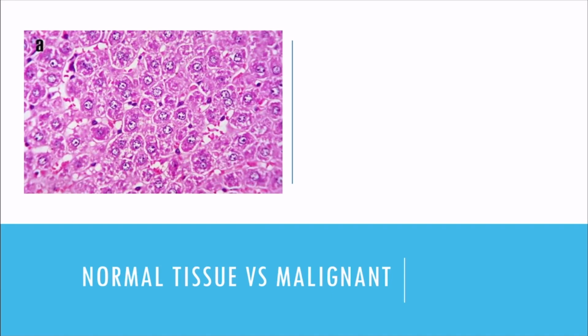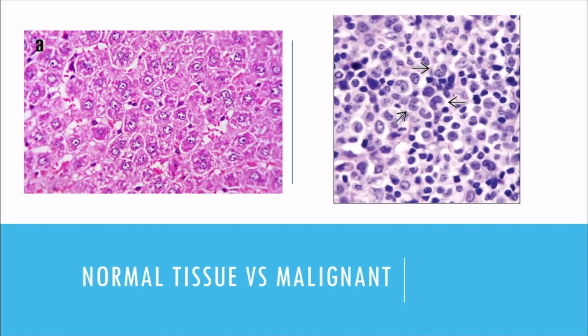So if we're comparing normal tissue to malignant cells, on the right we have a slide of malignant cells. If you look at this slide, you can see that the cells are abnormally sized. There's some big cells, there's some small cells. And the dark purple is all the nuclei. There's some really weird looking nuclei. The arrows are pointing to these horseshoe shaped nuclei.